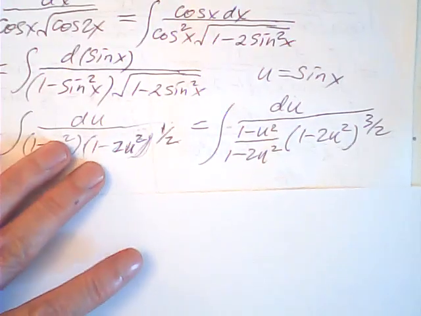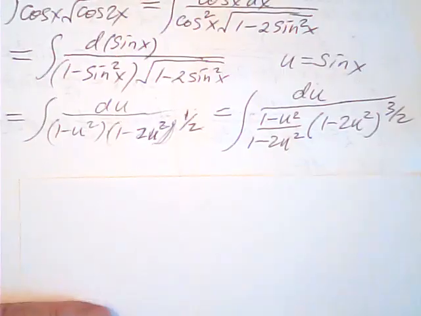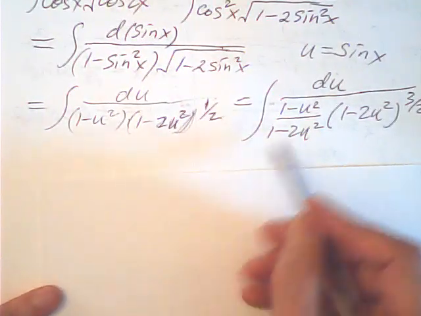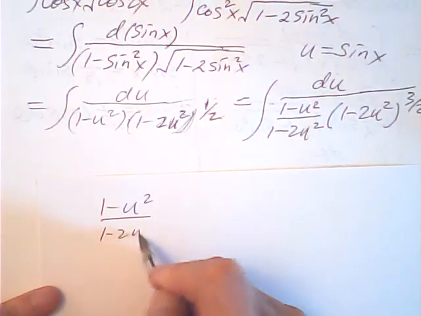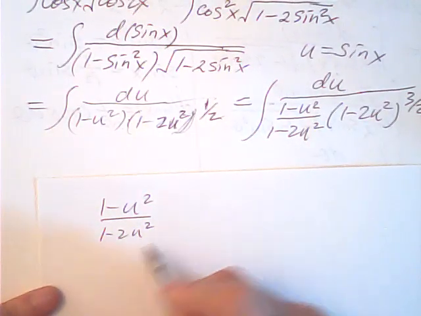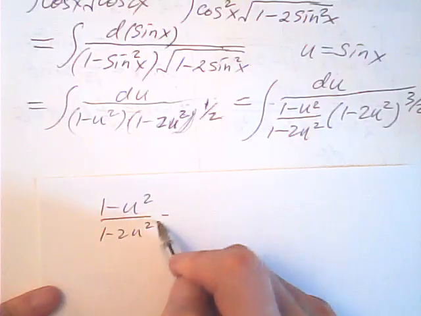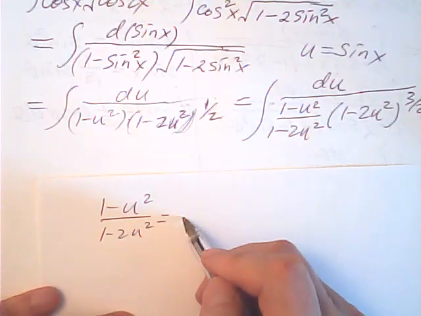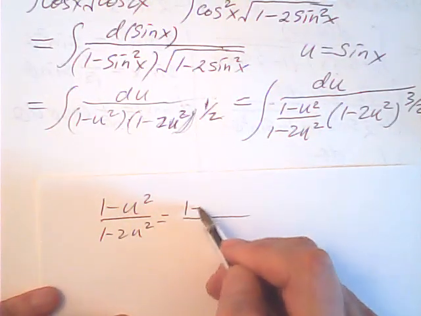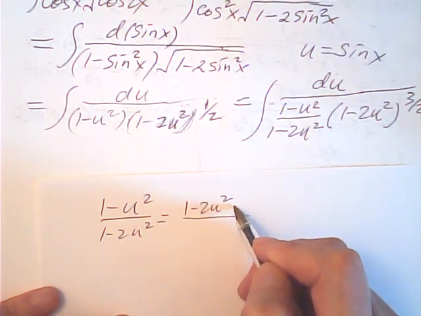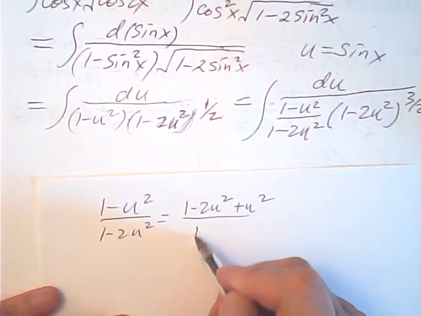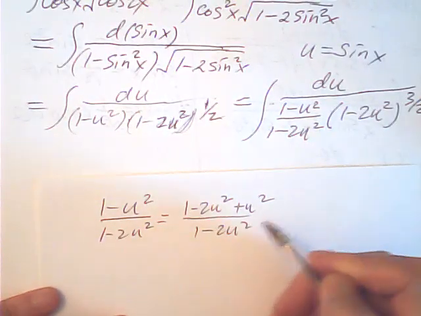Now, same thing as done in the other integral. This is 1 minus u square, 1 minus 2u square is equal to 1 plus 2u square plus u square, right? This is 1 plus 2u square.